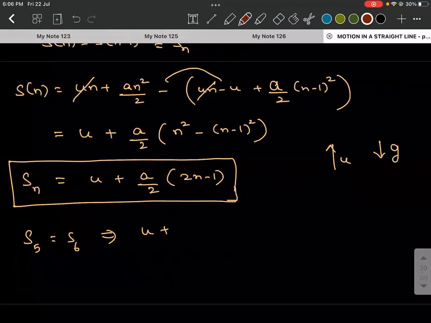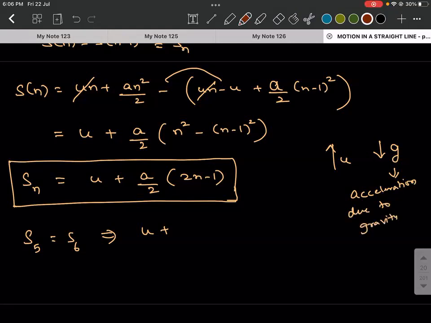What is the g represented for? You call it acceleration due to gravity. Yesterday I told you, remember, whenever you're dealing with vector quantities, if you take one of the directions to be positive, the other should be negative. For example, in this scenario, if you're taking the upward direction to be positive, this you can take to be negative. Is that clear?